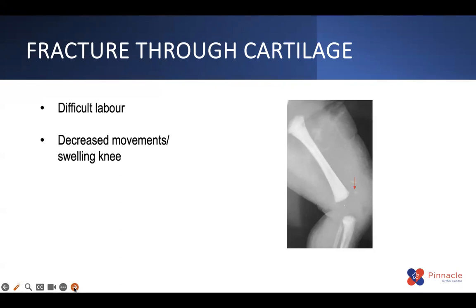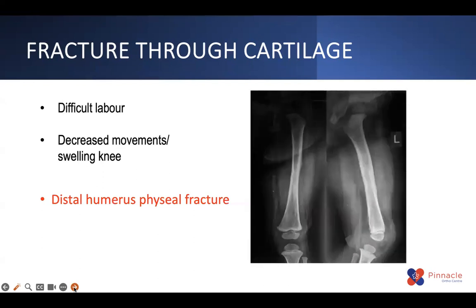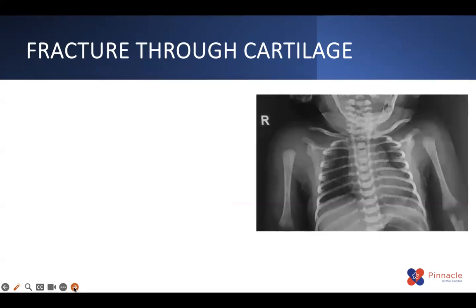Therefore, this is not just a small bony fleck, but the entire distal femur epiphysis which has displaced. So this is a distal femur physeal fracture. If you do follow-up X-rays, you realize that this fracture heals, remodels, and consolidates. Because the fracture line initially was passing through the cartilage, it was not seen.